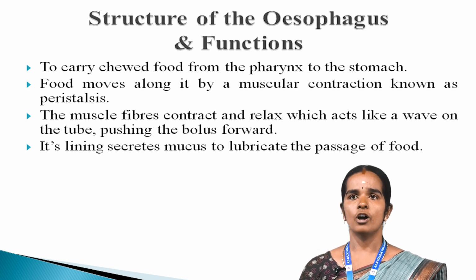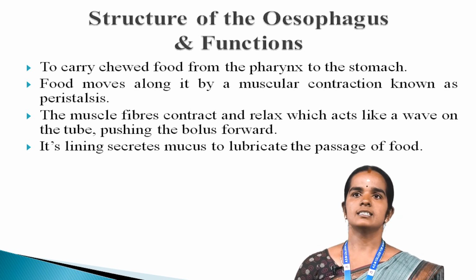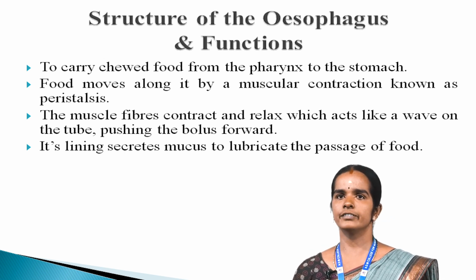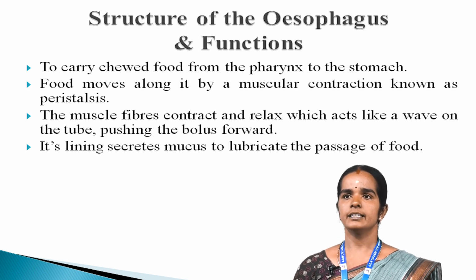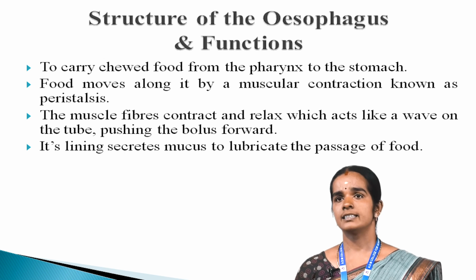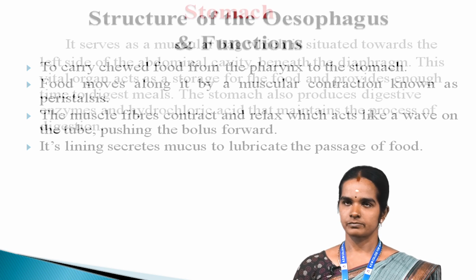Food moves along it by a muscular contraction known as peristalsis. The muscular fibers contract and act like a wave on the tube, passing the bolus forward. Its lining secretes mucus to lubricate the passage of food.